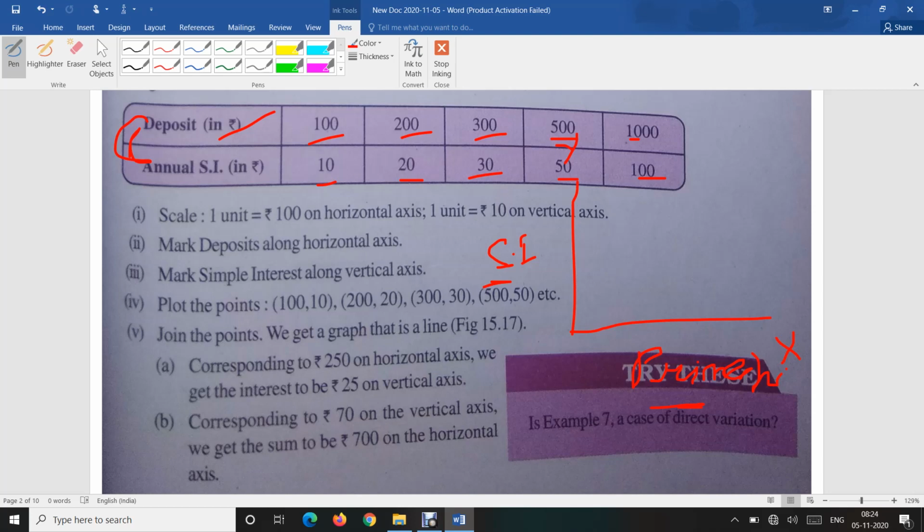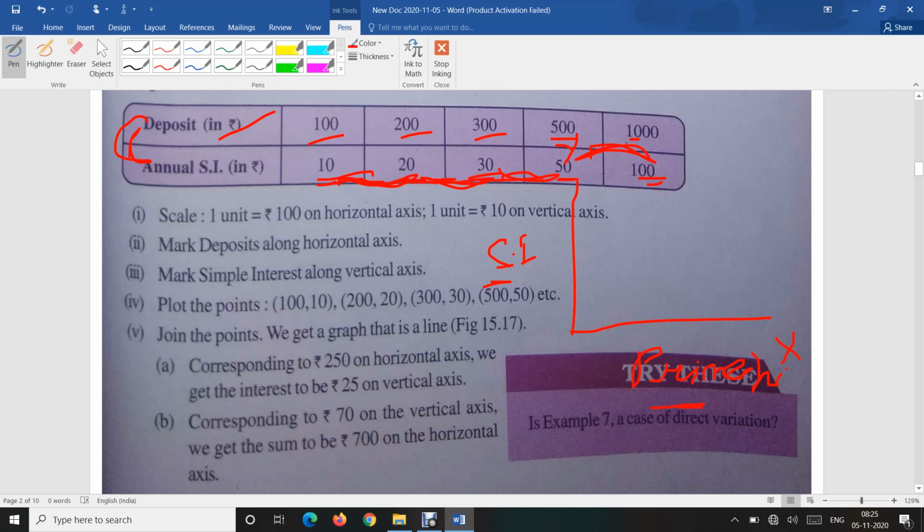Okay, after that you have to choose the scale. How can you choose the scale? You can see on the y-axis we have 10, 20, 30, 50, 100. That means the gap between 10 and 20 is 10, 20 and 30 is 10, 30 and 50 is 20, 50 and 100 is 50. So overall the minimum gap in this data is 10.